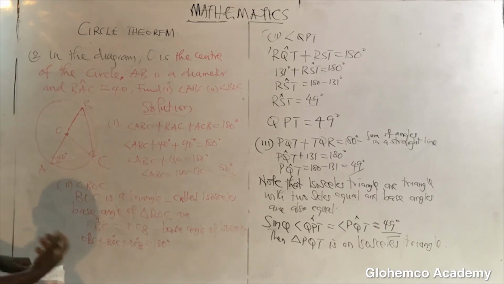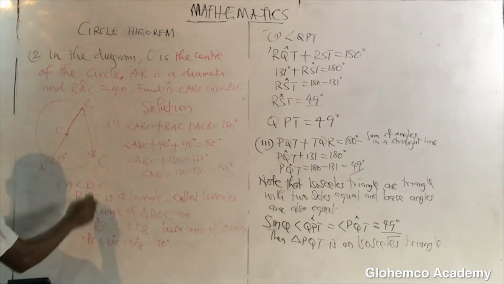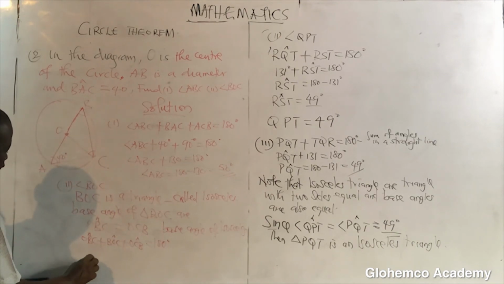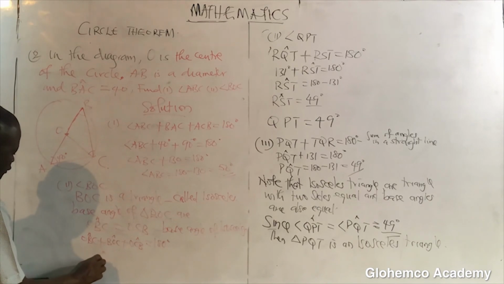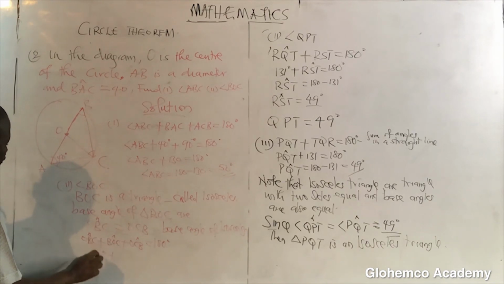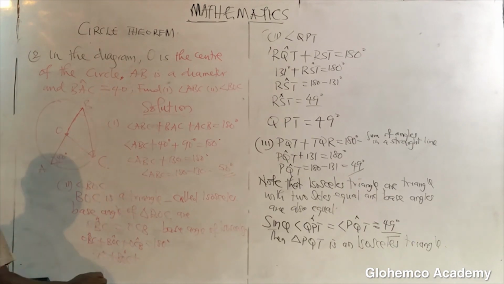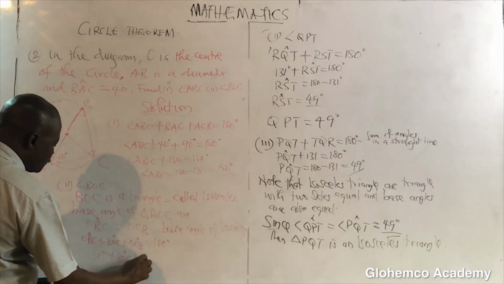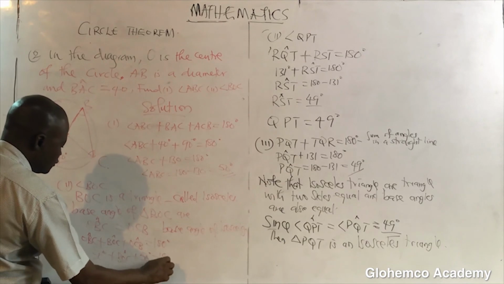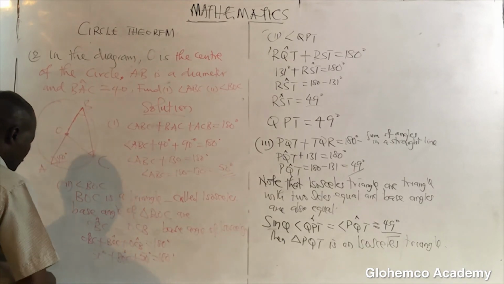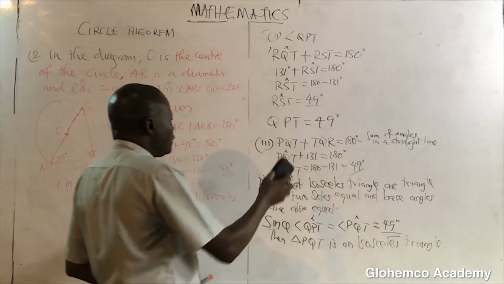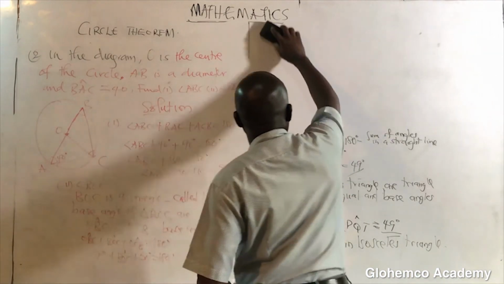OBC is 50 degrees, BOC is that, and OCB is 50, and that gives us 180.